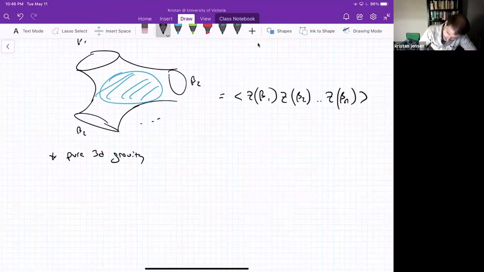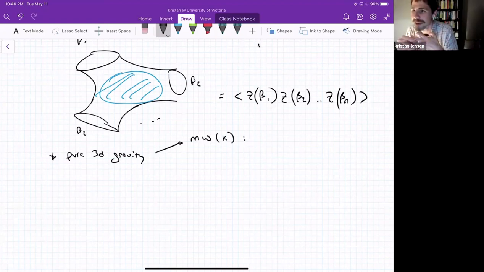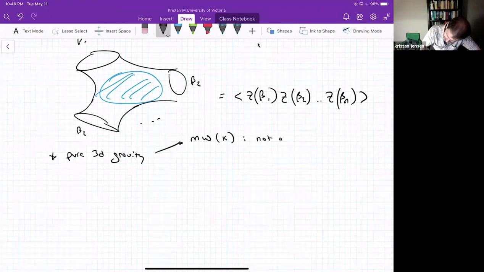There's reasons dating back into the past, mostly due to Maloney, Witten, and also Keller, that if you suppose that 3D gravity is a consistent theory of gravity, and you try to compute the torus partition function of whatever the dual is, that partition function is not that of a unitary CFT. It has negative density of states. So they would say that it's not a consistent theory for that reason.